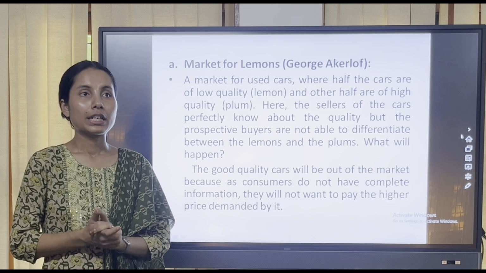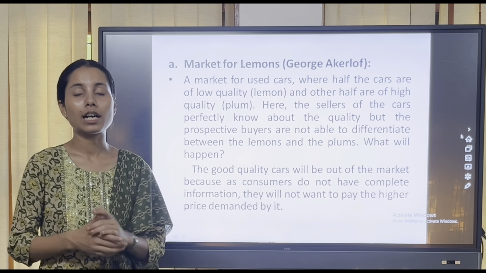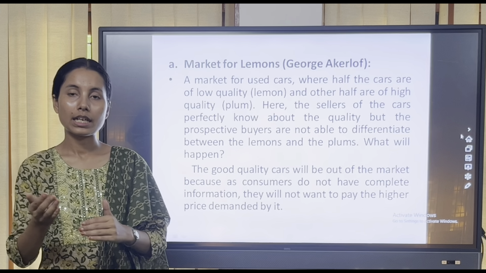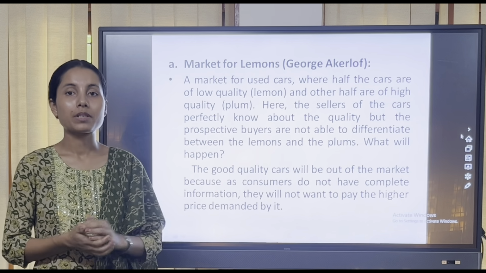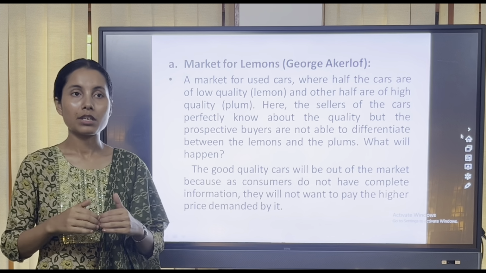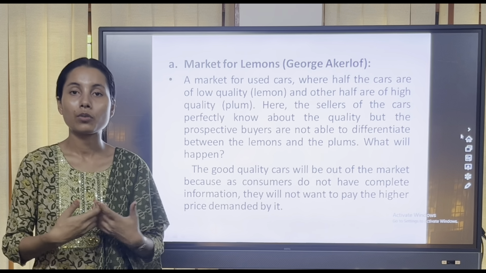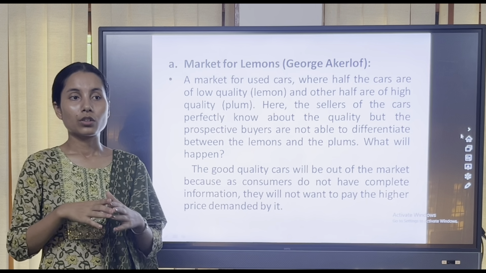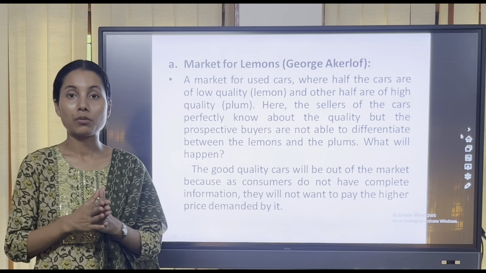Okay. Now the sellers who are selling good quality cars will set a higher price, and the sellers who are selling the low quality cars, that is the lemons, will set a lower price. Now as a buyer, if I am going to that market, what will I do? If I am not sure that there are two types of cars, then what will I do?